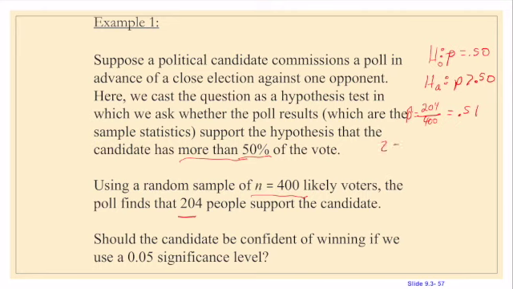Z is p hat minus p over the square root of p times 1 minus p over n. So I have 0.51 minus 0.50 over the square root of 0.50 times 1 minus 0.50 over 400. And I will get a value of 0.40.